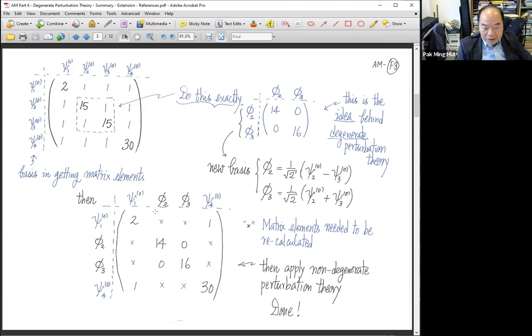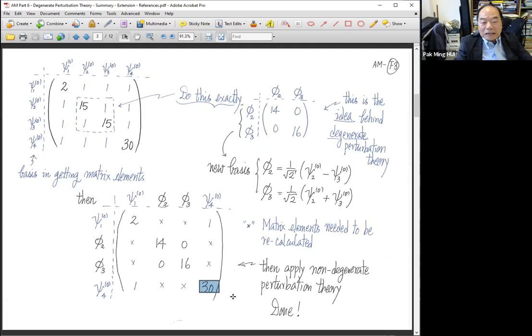In this case, after you get all these matrix elements out, the eigenvalues now are different. Therefore, you can apply our 2x2 matrix technique to get the eigenvalue.